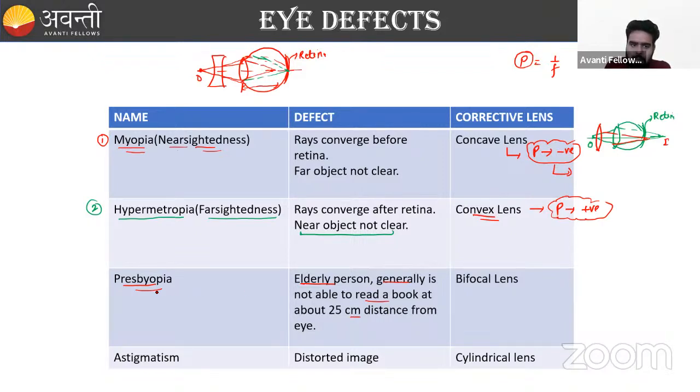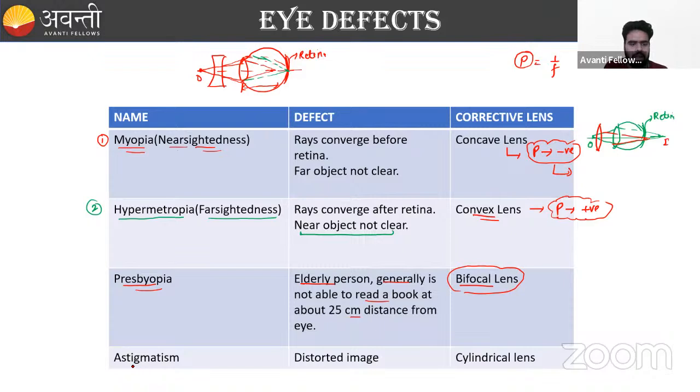This generally happens to a person who has already suffered from myopia or hypermetropia. To remove this type of defect, we use a bifocal lens. Bifocal means it has the characteristics of both concave and convex lenses.